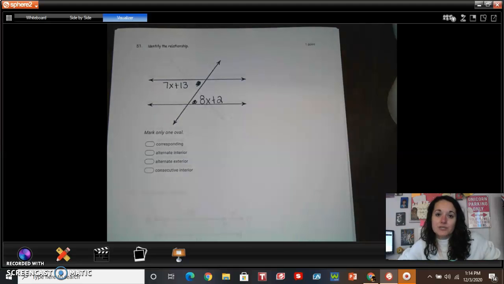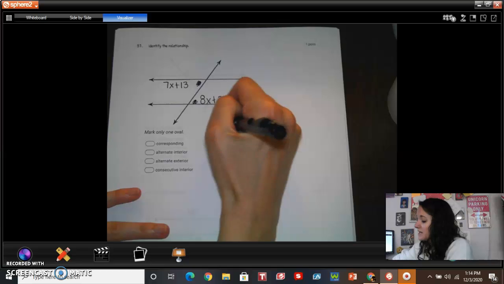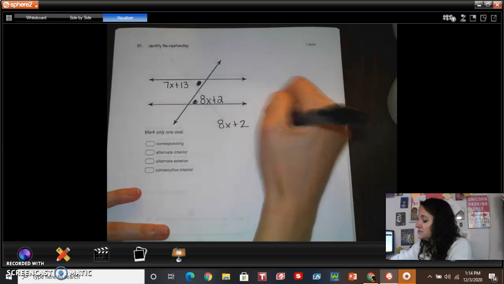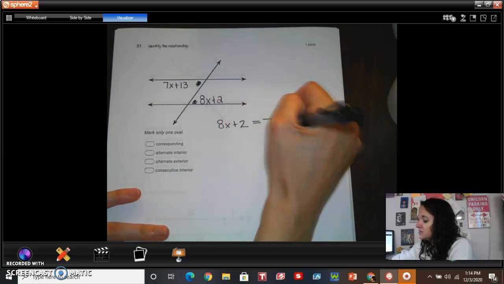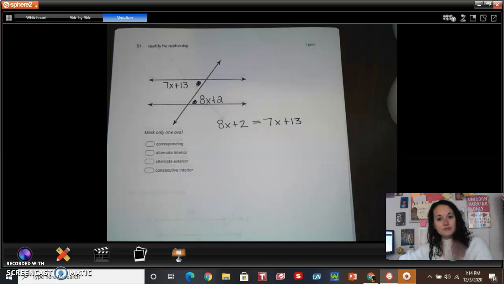Now remember, this is dealing with neighbors or not neighbors. So first thing I notice is these are not neighbors. And remember, when they're not neighbors, they're equal. So we can say 8x plus 2 equals 7x plus 13. And then you solve.